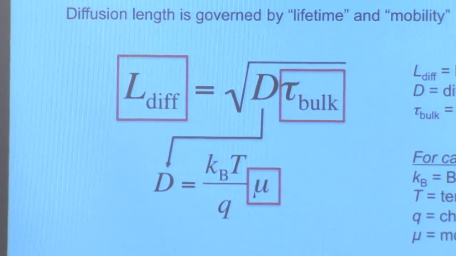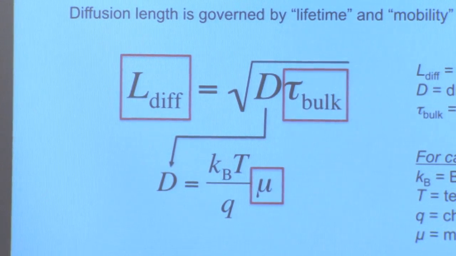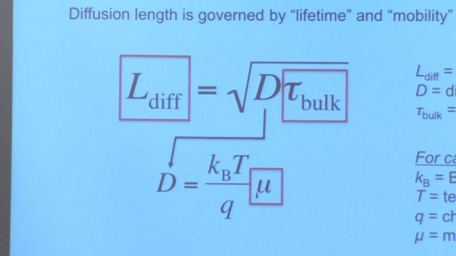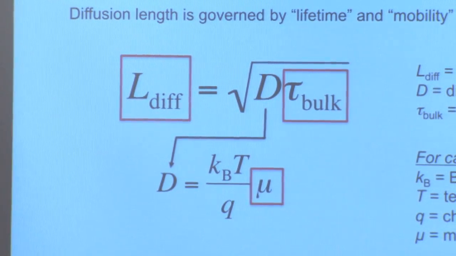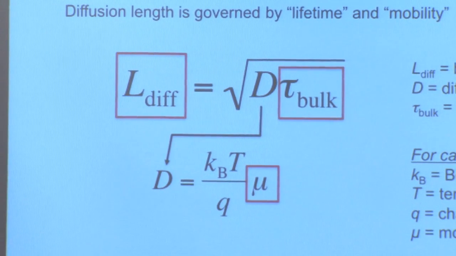The mobility is saying that if you apply, let's say, an external electric field, how well can those electrons move around? A really high mobility means those electrons can move really easily, and you'll accelerate them really quickly, where very low mobility means they're going to continue to hit into things and bump around and not move around too well.